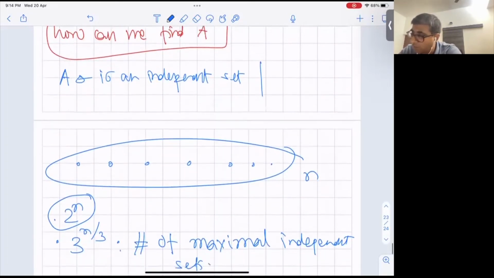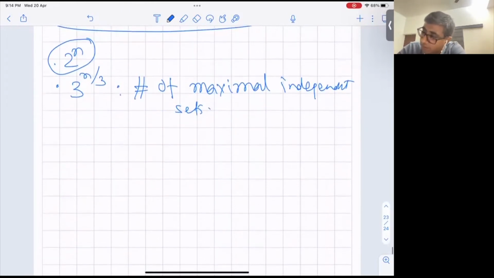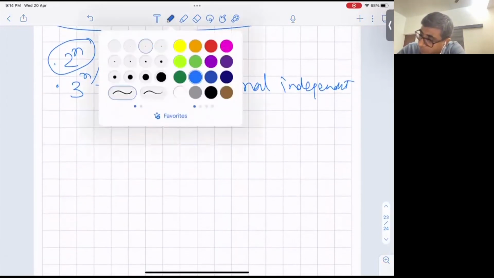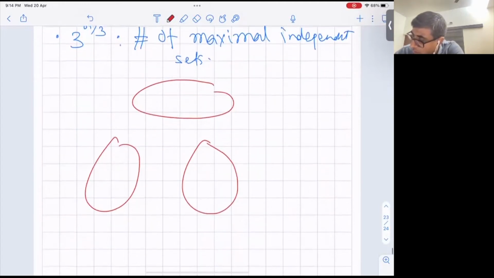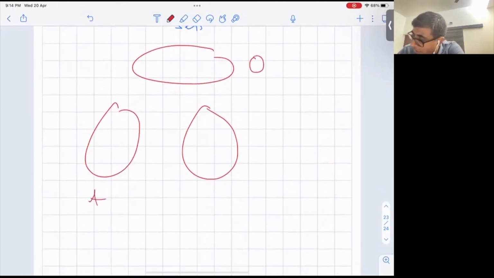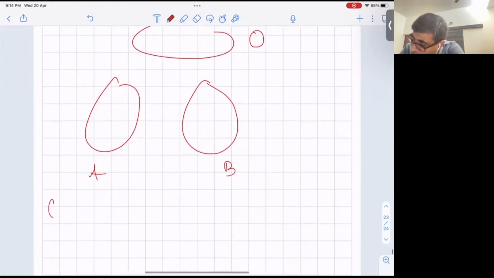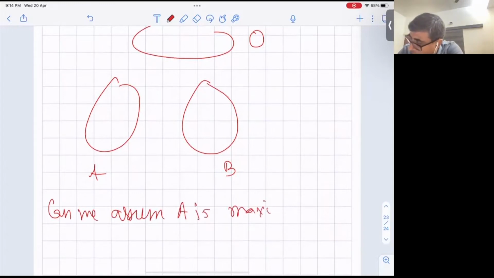So now I will ask myself, in our picture, O, A, B. Can we assume A is maximal?